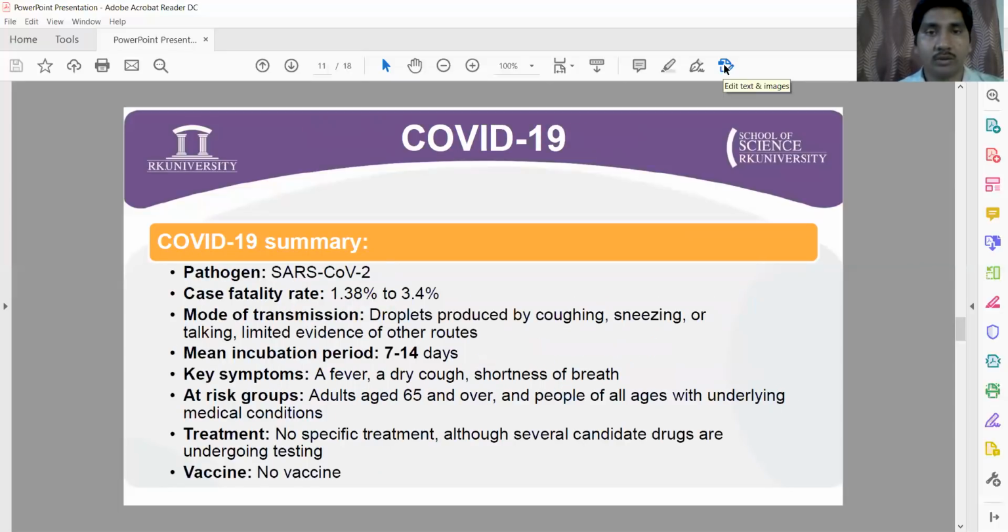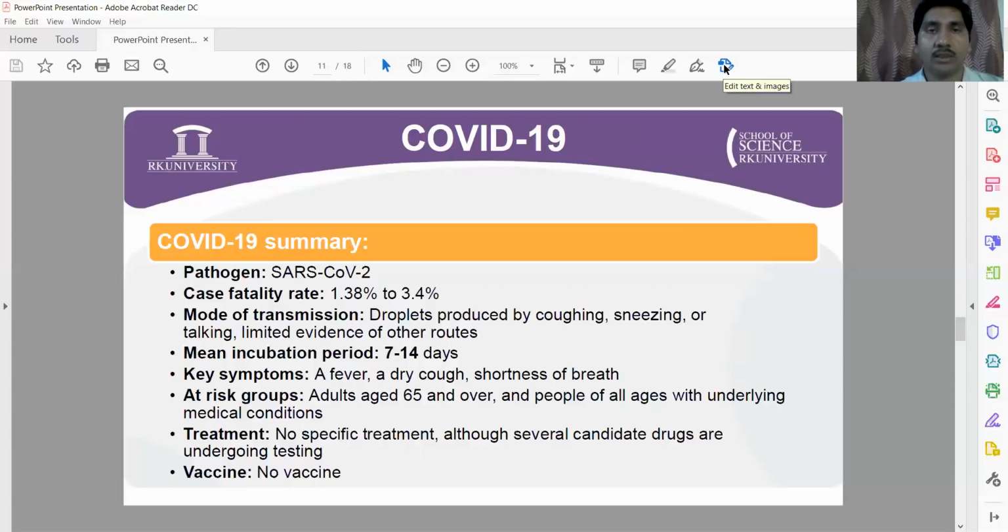Coming to the existing one, that is COVID-19, the mortality rate is found to be between 1.38 to 3.4 in the majority of the cases. In some countries it is more also. The mode of transmission is common as for SARS and MERS. Incubation period in case of COVID-19 is 7 to 14 days, depending upon the situation of the individual.